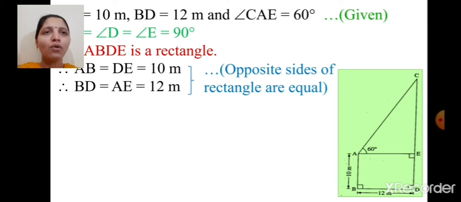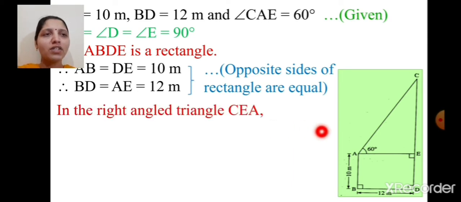Now you have to consider this right angle triangle CEA. In this triangle, angle E is of 90 degrees. So you can apply here trigonometric ratios. Which side you have to find out? This CE, and you know AE. That means adjacent side of theta and opposite side of theta.